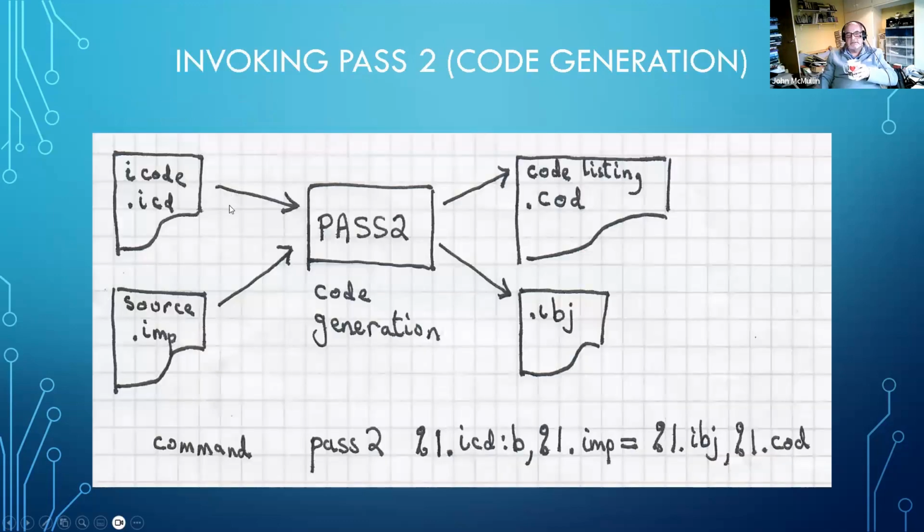Again, this is how you run it through pass2, and then it takes in the first, as it were, glue file, the I code file, and then generates the other glue file, the IBJ format. I'll show some of these formats later.